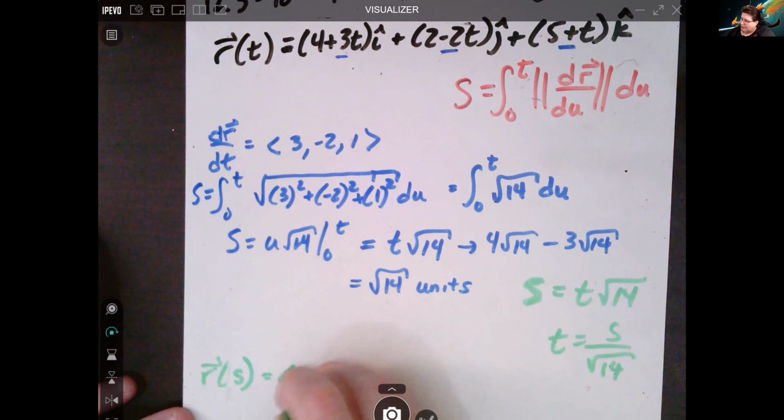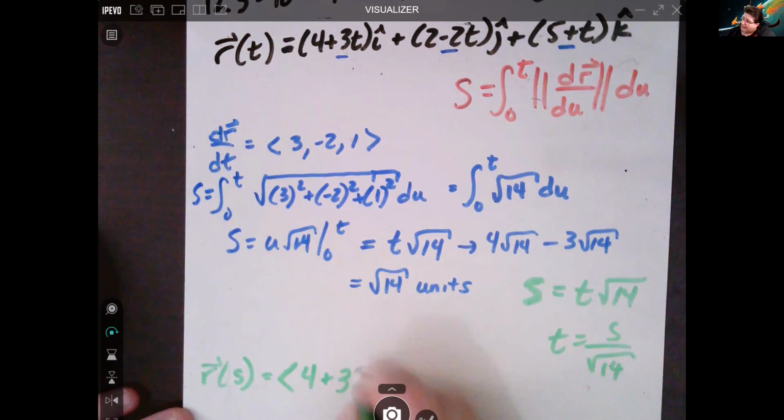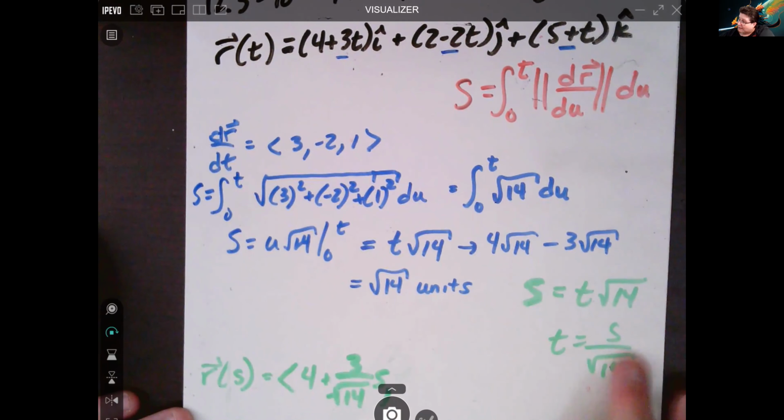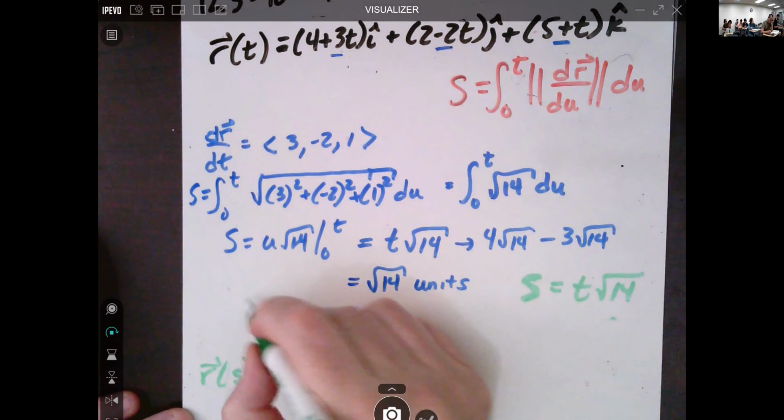I'm going to write it with the bracket notation. I hate writing I, J, and K. We've got 4 plus 3 S over root 14. Maybe I could just say 3 over root 14 S. There we go. That looks like I know what I'm doing. You want to bring the board up a little bit?